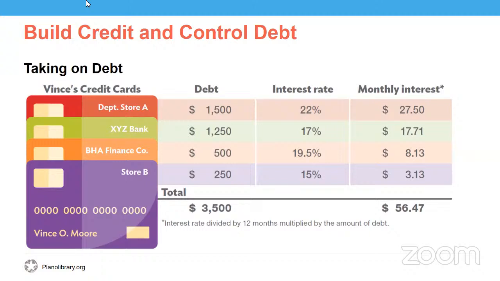It is money that cannot be saved or invested. So you're paying that money away. That's money you're losing. As you can see in this example across the different cards, he's losing $56.47 that he doesn't get to save or spend on anything else because he's spending it on interest charges.